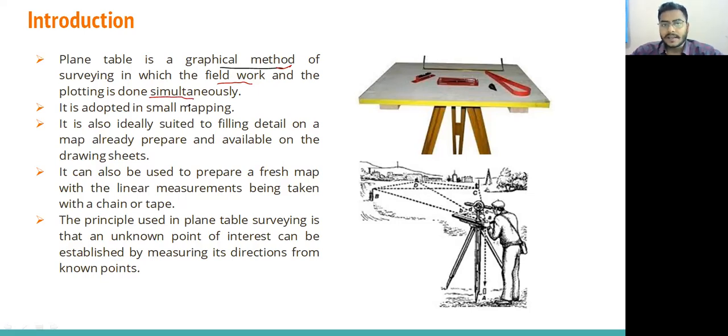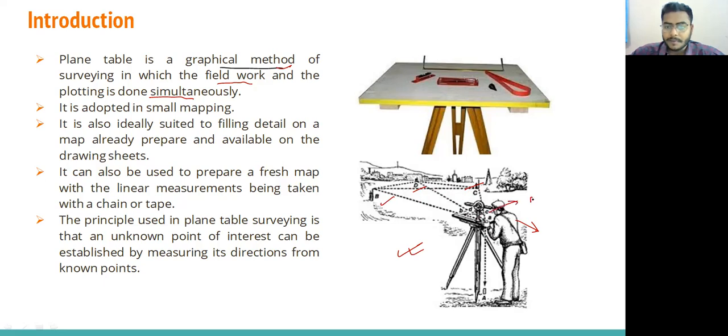That means there is no need to take the data at one time, record it, and then do the plotting at some other time. Both works are not separate; they are done simultaneously. See in the second picture, this is plane table surveying, right? He is viewing each and every station like B, C, and D, and he can also draw this map here.